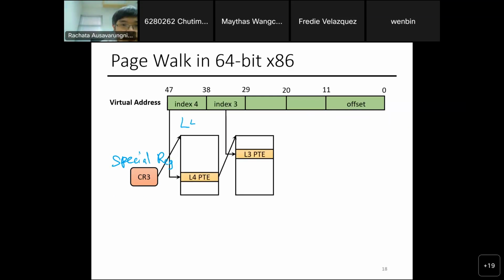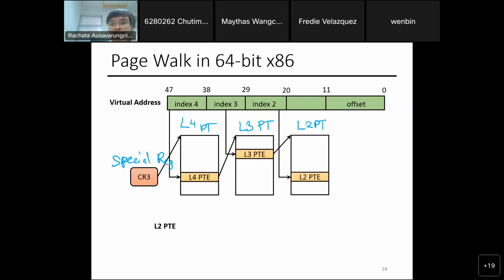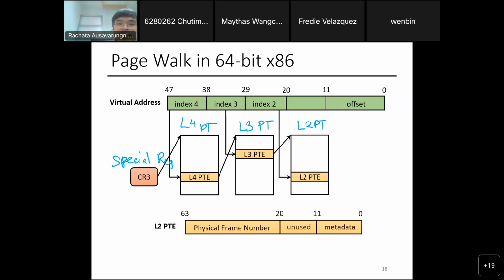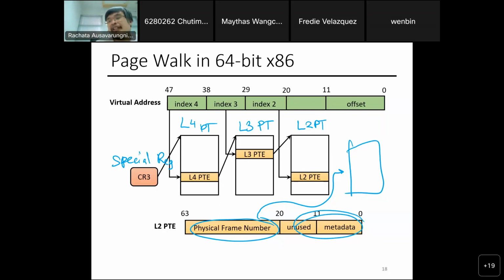Then you use the next set of bits to tell me which row in the next table, which would give me the level 2 page table. Then I use the index for the next row, which again would give me, well, in this case, I want to zoom in on this part a little bit, because now you have the physical frame number, which tells you the next table. Basically, it will tell you the next table, but then it actually starts to add the status bits, right?